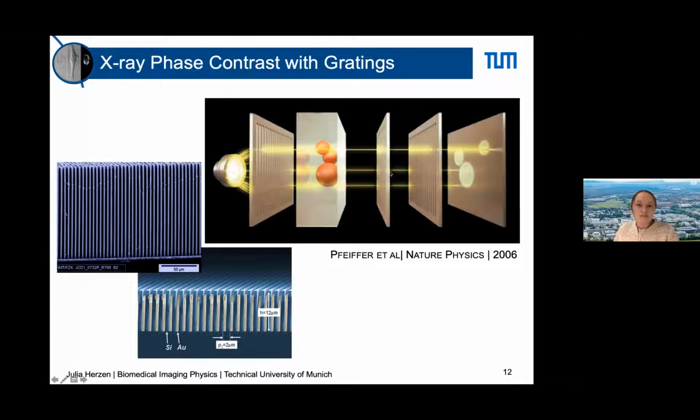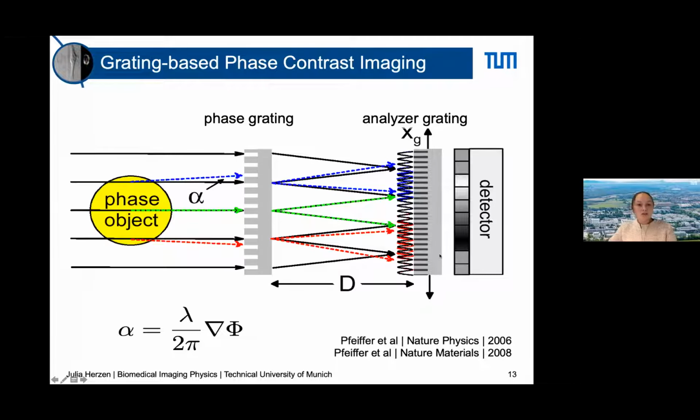In this case, it's the phase shifting grating in the middle, or very close to the sample. Just a few periods of it with the coherent illumination, and then it will overlap at this detecting area. But I will come to this on the next slide to give you an idea how this works.